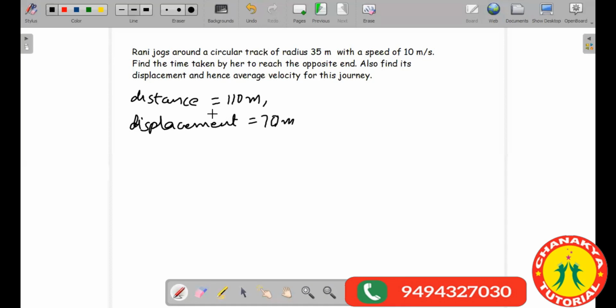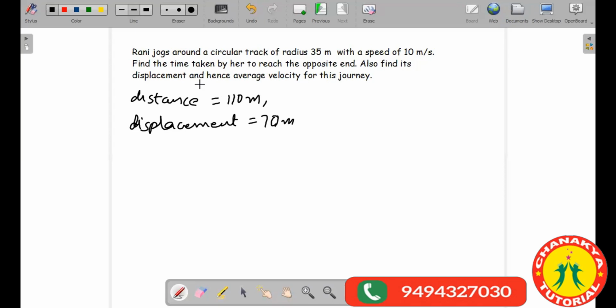Now, how much time is she taking? What is the time taken by her? Sir, to cover the distance. The question asks to find out the time, and you will use the formula of speed.